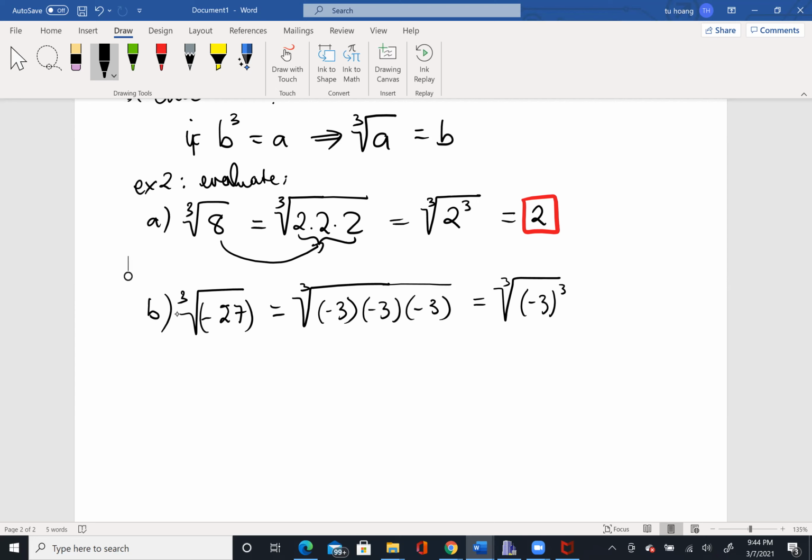In this case, I can cancel the cube root with the power 3, and it becomes negative 3. And it's still giving you a negative number.